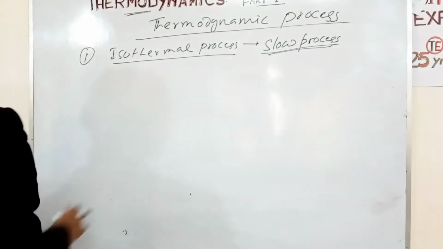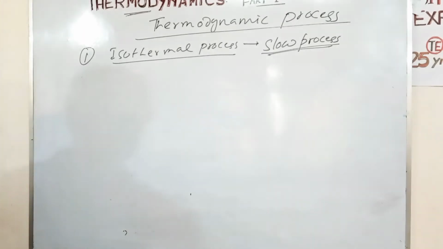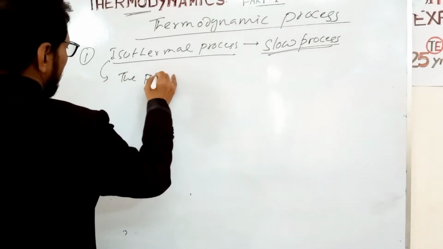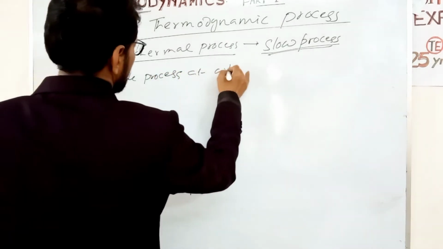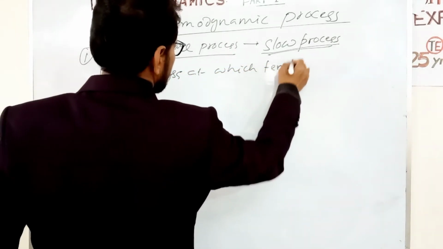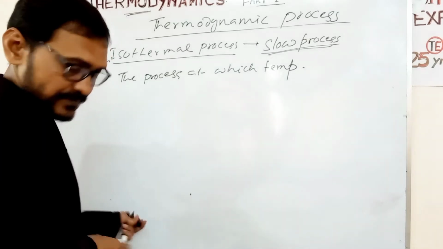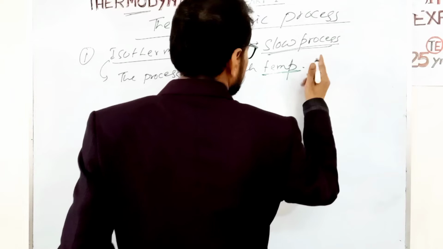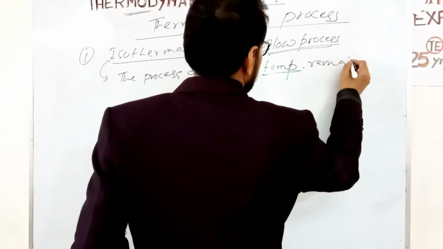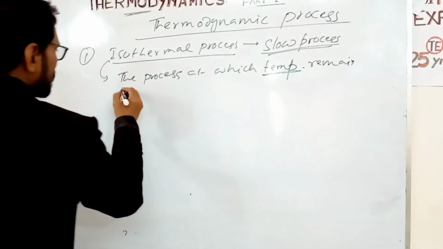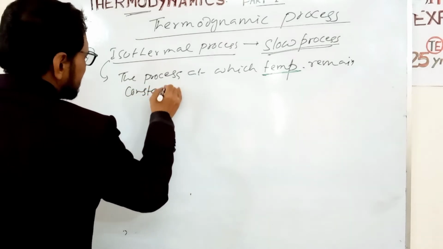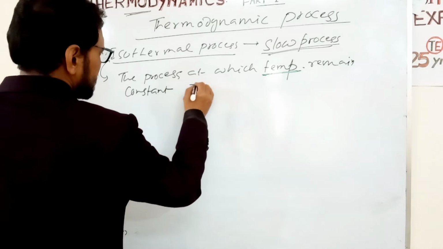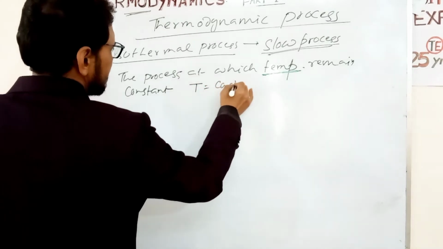First I define the isothermal process: the process in which the temperature remains constant, T equal to constant.